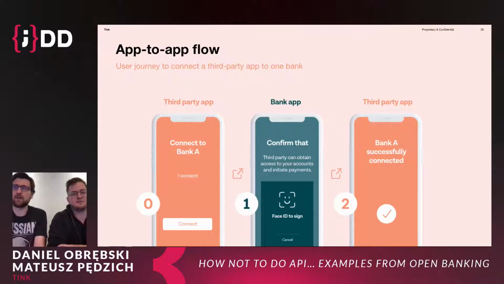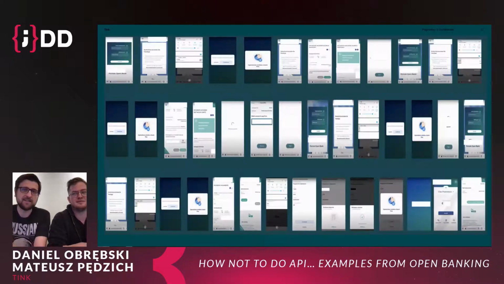So you click on your app to connect. You are directed to the bank app. You log in with Face ID, fingerprint, or anything. You give consent and go back to your app. Simple, right? But in reality, sometimes it can look like that. On the slide, you can see 40 screens.